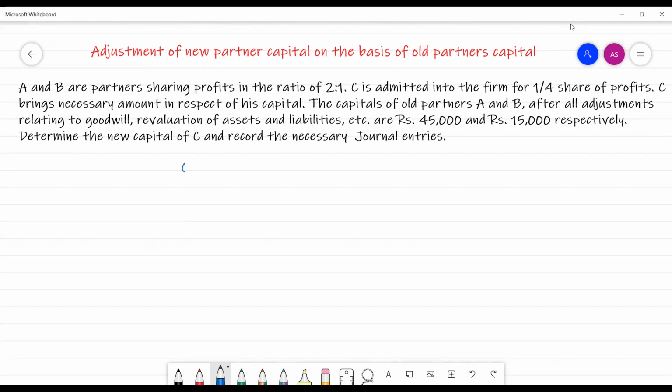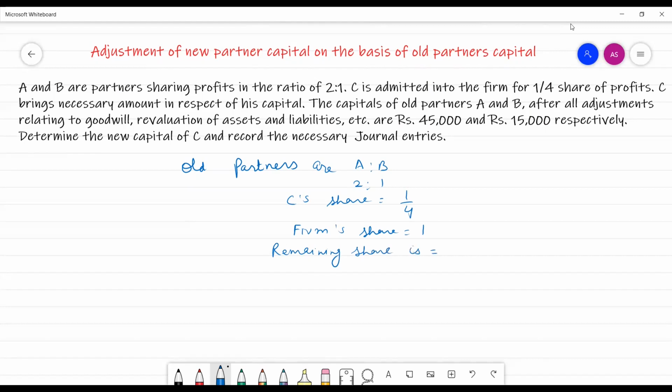Old partners are A and B, and their ratio is 2:1. C is admitted, C's share is 1/4, and the firm's total share is 1. The remaining share, as we have done earlier, is 1 minus 1/4, that is 3/4.